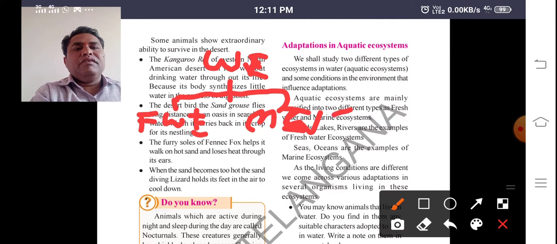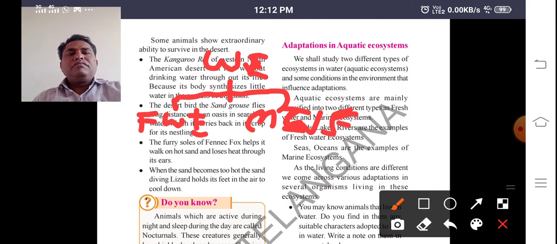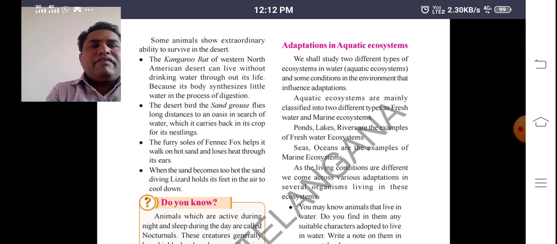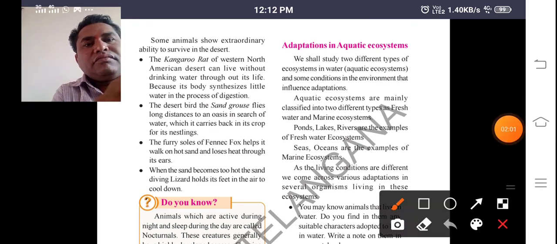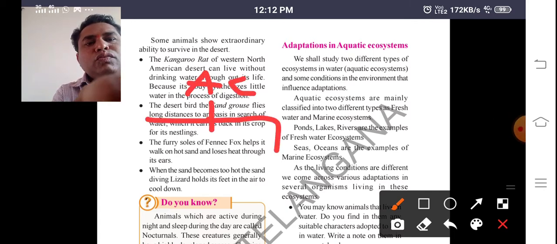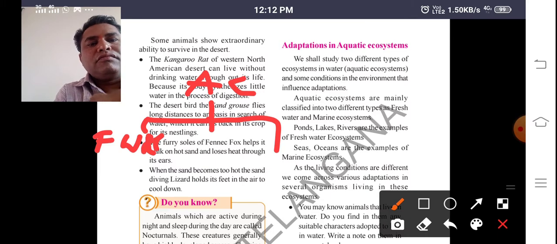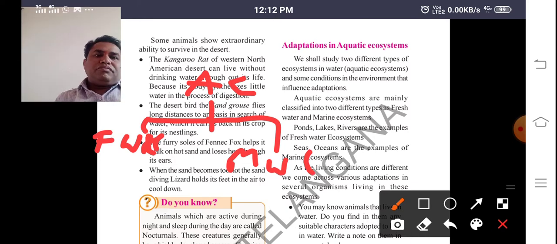So aquatic ecosystem is generally divided into two, that is freshwater ecosystem and marine water ecosystem.